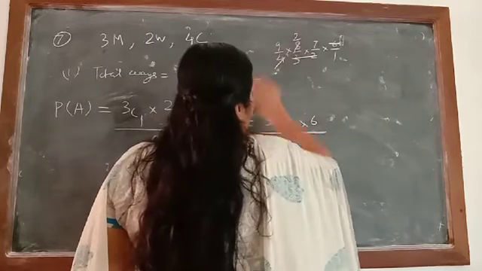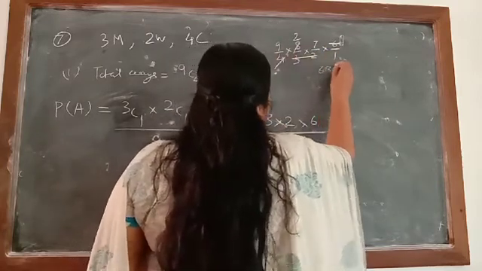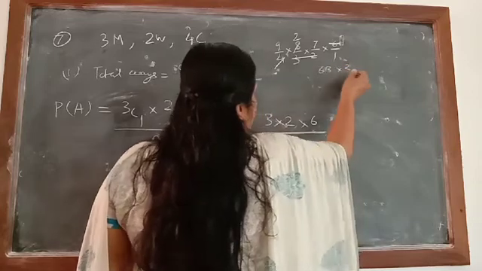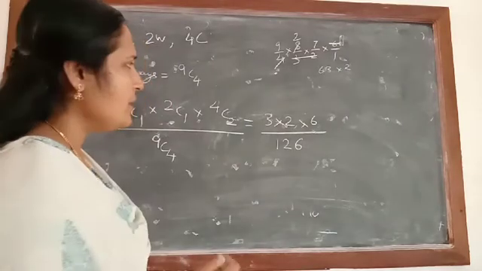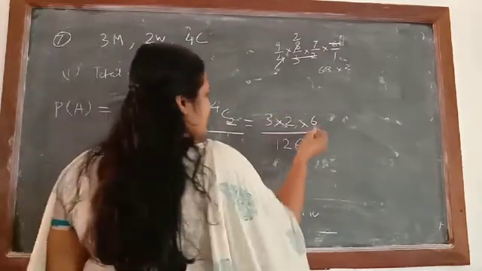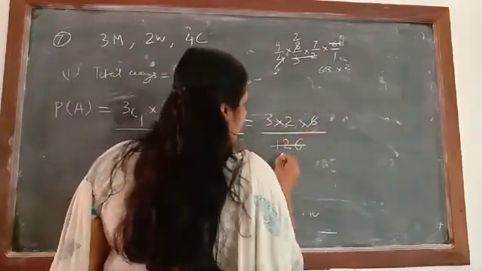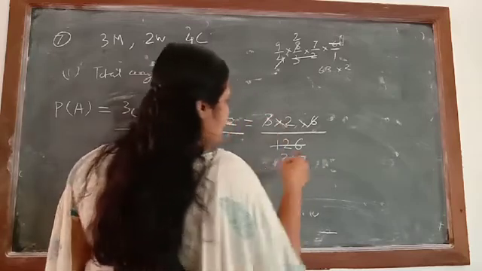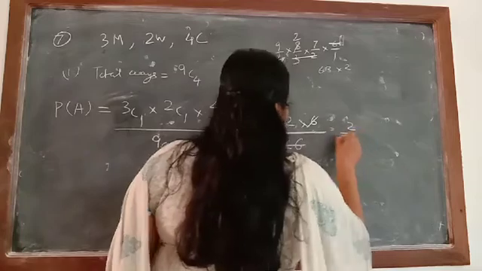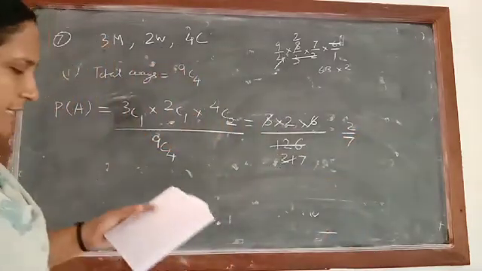Okay. So here it will be equal to 9 7s are 63 into 2. So 2 3s are 6, 2 6 are 12. 126. Now here only you can cancel. This is divisible by 6. So cancel it there. 6 2s are 12. 6 1s are 6. And here it will be equal to 3 7s are 21. So probability will be equal to 2 by 7.